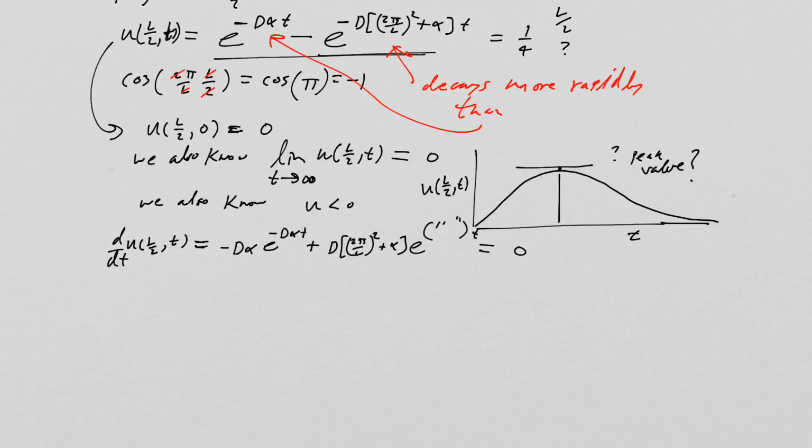And now we're going to set that equal to 0. So for simple notation, let me just call that capital X. That'll make our notation a little bit simpler. This way I don't have to keep writing that big expression. So what I have here is an equation that says d times alpha times e to the negative d alpha t is equal to X e to the negative X t.